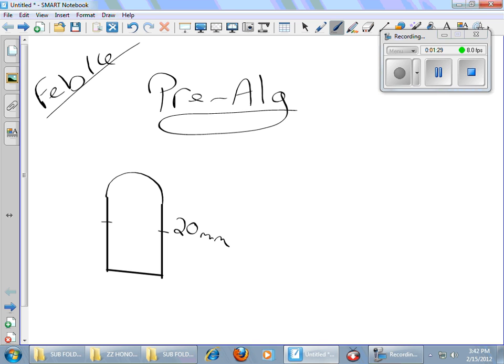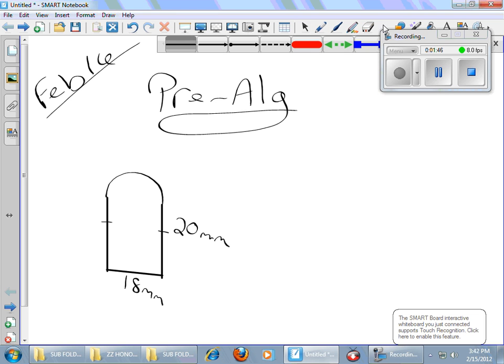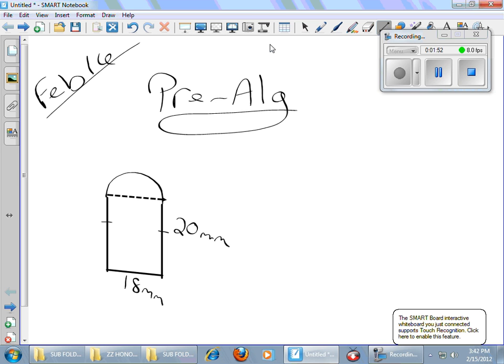All right, and I told you that this was, say, 18 millimeters. Could you find the area of this shape? Well, the trick is, can you see what this shape is made of? I see a rectangle and half a circle.